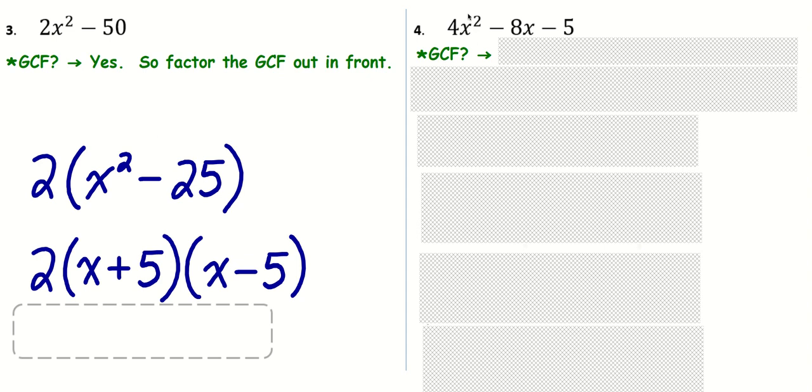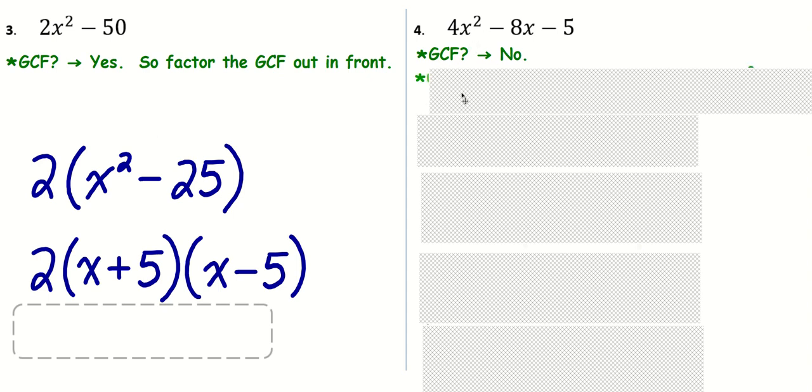But is there a GCF? Could you factor out, could you divide the same thing away from all 3 terms? No. There is no GCF, other than positive 1, which doesn't count usually. So unfoil, like we're going to see, can we unfoil? Well, like I said, we're going to have to factor some way on all these problems.